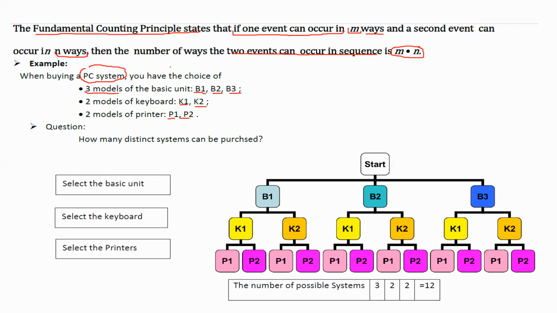So for the PC system, we have 3 models of basic units, 2 keyboards, and 2 printers. How many distinct systems can be purchased? I can make a tree.